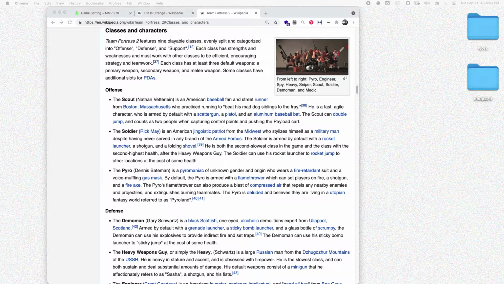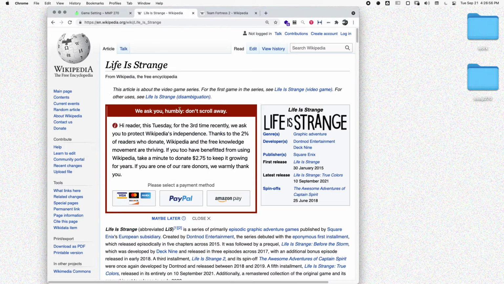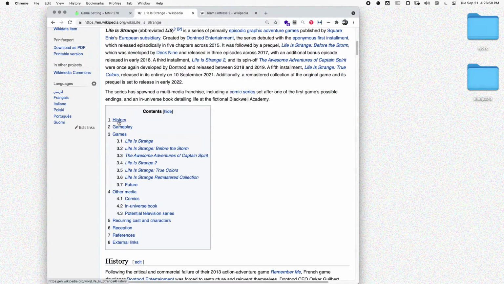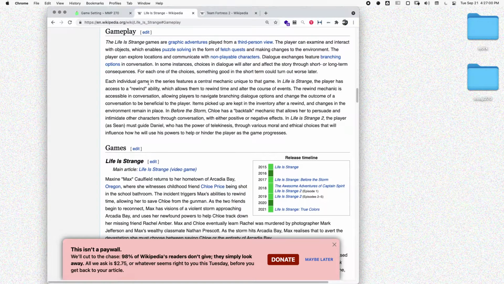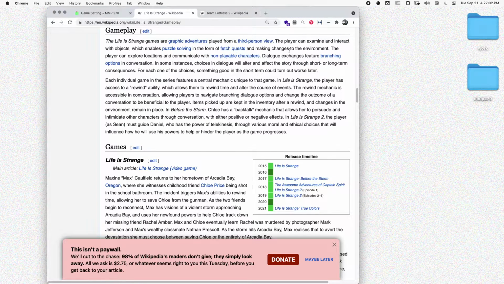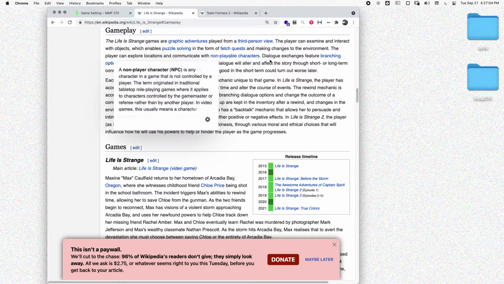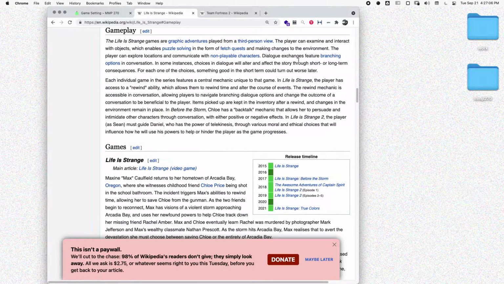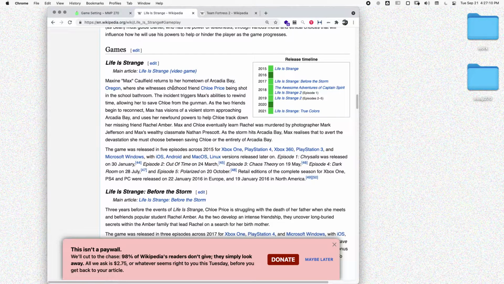Let's look at the... Oh, there's a bunch. I still don't understand what Life is Strange is about. I'm going to look at this again. Gameplay. Graphic adventures played from a third-person view. Puzzle solving. Branching options. Oh, she can rewind time.